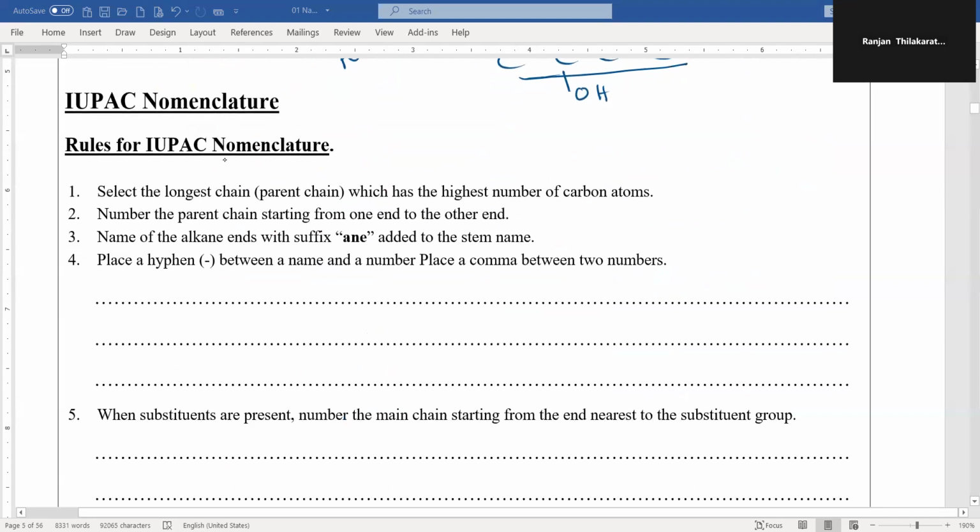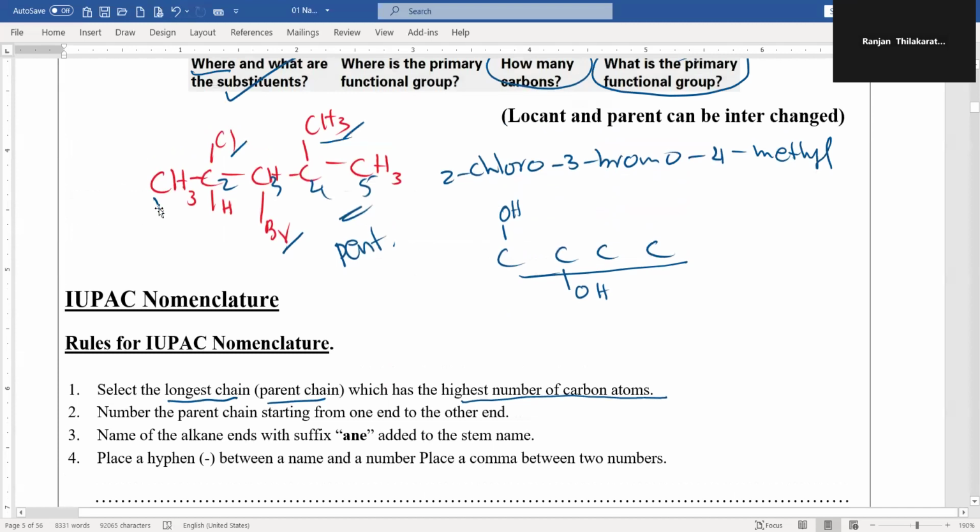Now we are going into detail on how to write the names of alkanes. First, you need to select the longest carbon chain. That is called the parent chain, which has the highest number of carbon atoms. That's why I chose this chain having 5 carbons.